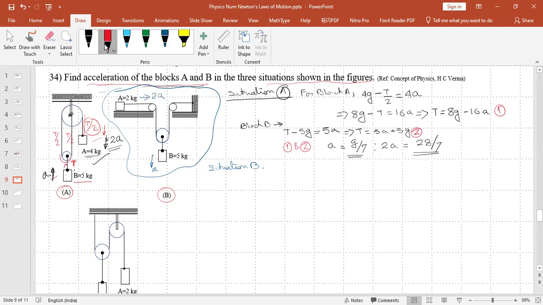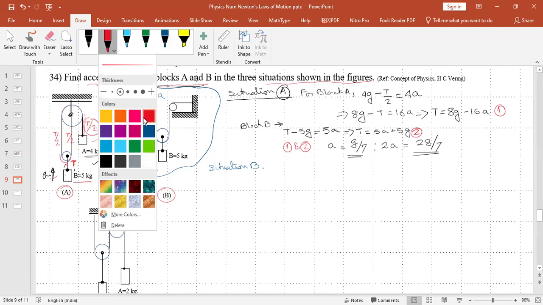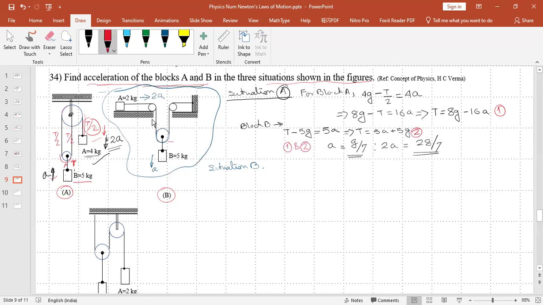And if the tension here is T, then the tension here is T by 2, and the tension here is T by 2.